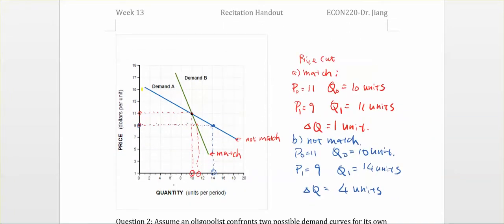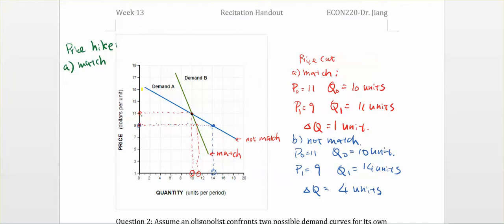First, let's look at the scenario when the rivals match the price.